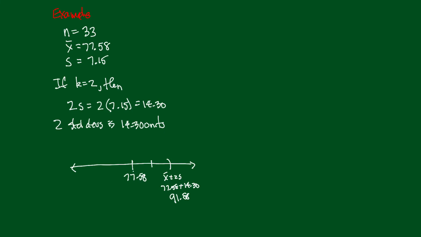That makes sense? You're at 77.58, and you add 2 standard deviations, 2 of those 7.15s, you're at 91.88. Now, if you go the other way, there's 1 standard deviation, there's 2. So this is going to be x bar minus 2s. So it's going to be 77.58 minus that 14.30. And my calculator shows that is 63.20.